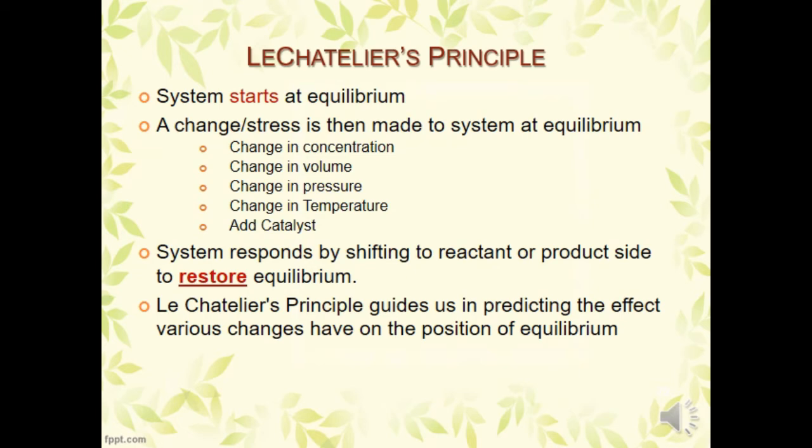And this principle will guide us to predict the effect of various changes to the position of equilibrium. These are the factors that can disturb the equilibrium: change in concentration, change in volume, change in pressure, change in temperature, and addition of catalyst.